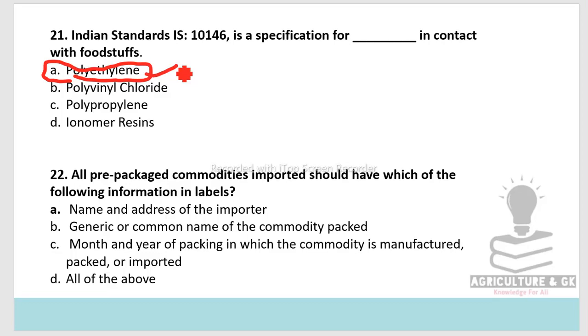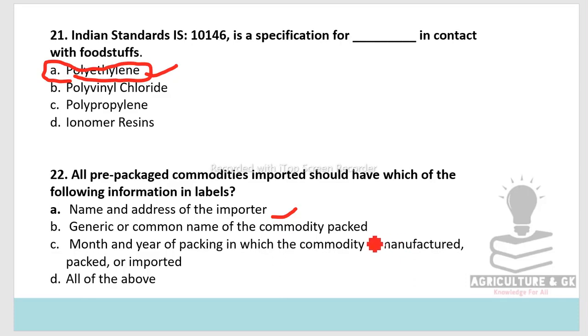All pre-packaged food commodities imported should have which of the following information in labels? Name and address of the importer, generic or common name of the commodity packed, month and year of packing in which the commodity is manufactured, packed, or imported. So when we import our product from another country, its label should have the name and address of the importer, and a common or generic name.